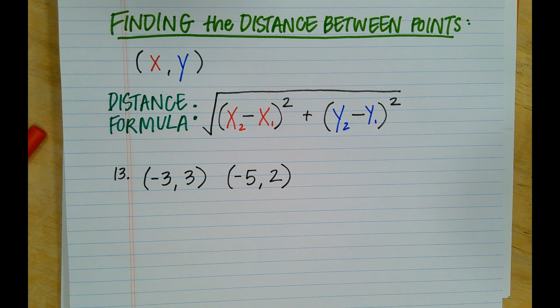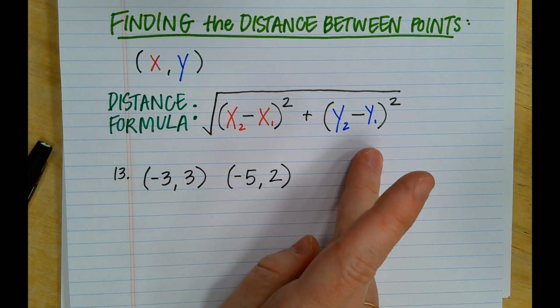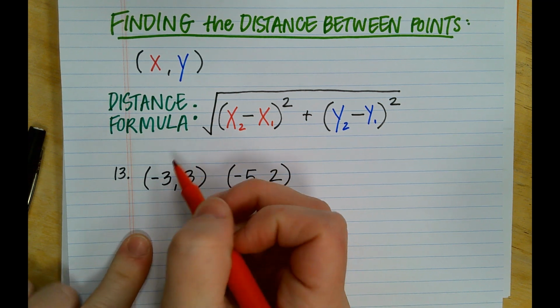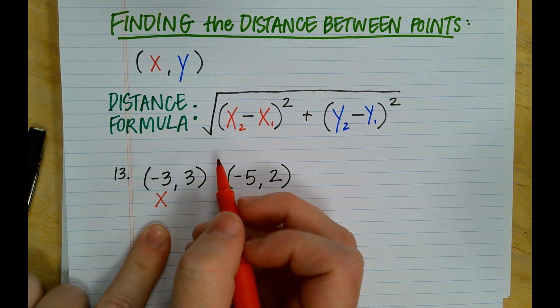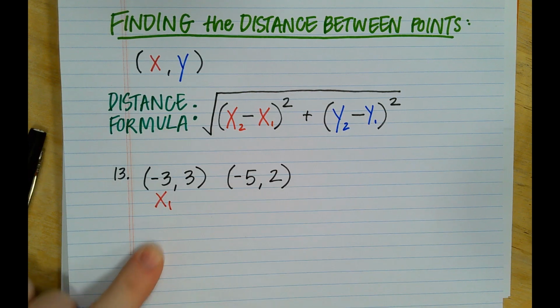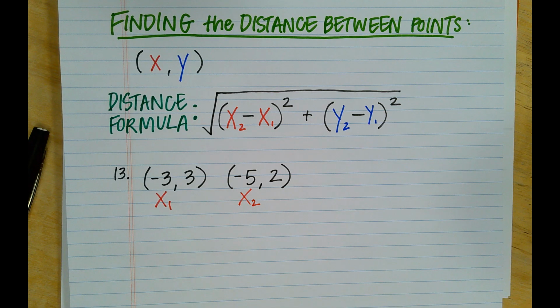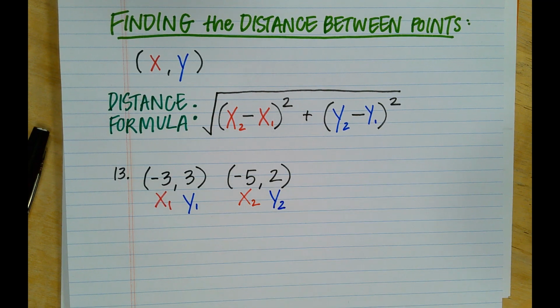With the distance formula, it's more important that we're very careful about which x and which y is x1 or x2 or y1 or y2. So we always want to start with labeling our coordinates. My -3 is going to be my x1. My -5 will be my x2. Same thing with the y's: y1, y2, just like that.